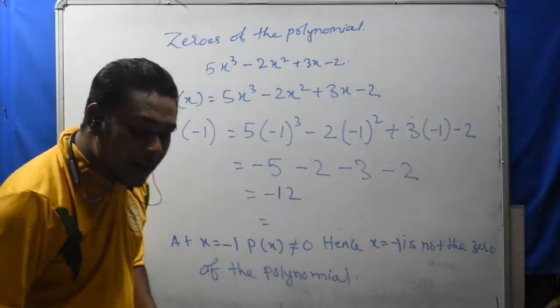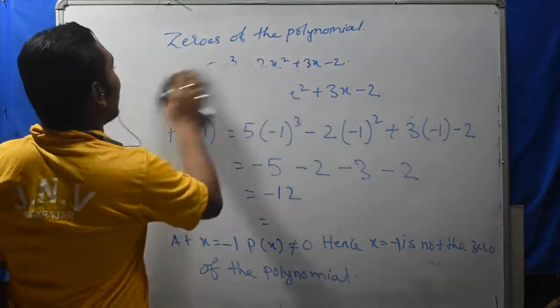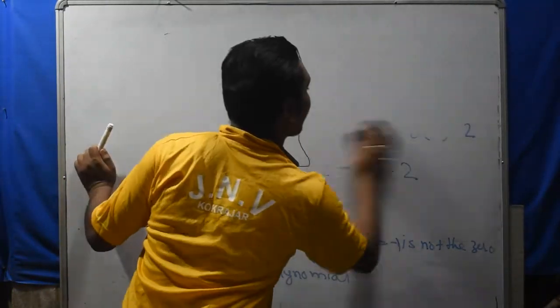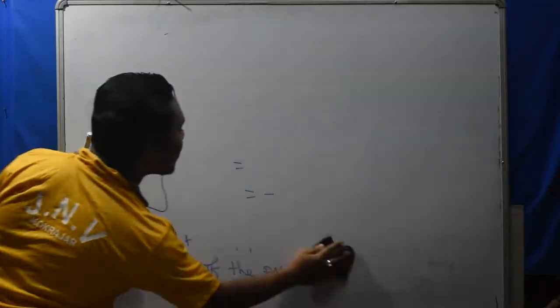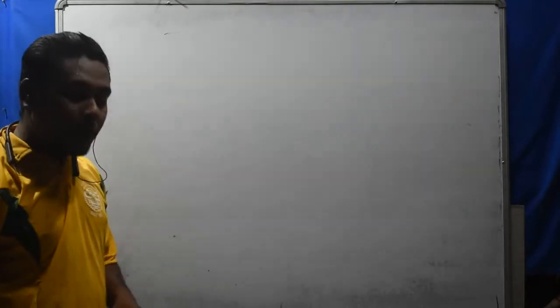Let us take another example. p(x) must be equal to 0, then only we can say that it is a zero of the polynomial.